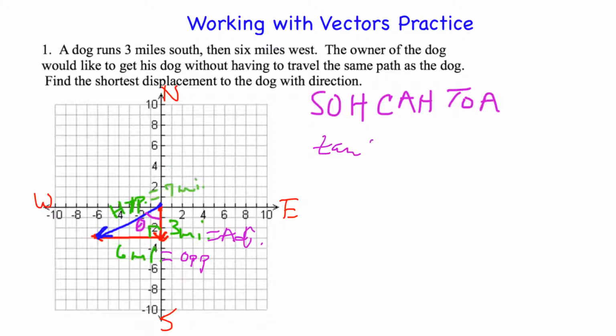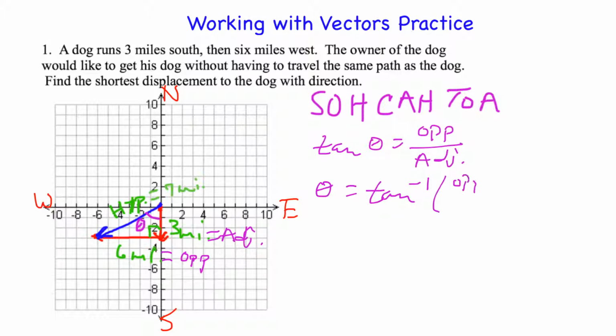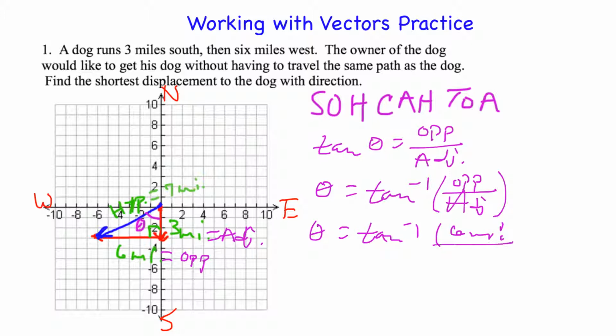The tangent of theta is equal to the opposite over the adjacent. We want theta by itself, so theta is equal to the inverse tangent of opposite over adjacent. So we get the inverse tangent of 6 miles divided by 3 miles. And those do have their negative signs, which again are going to cancel out.